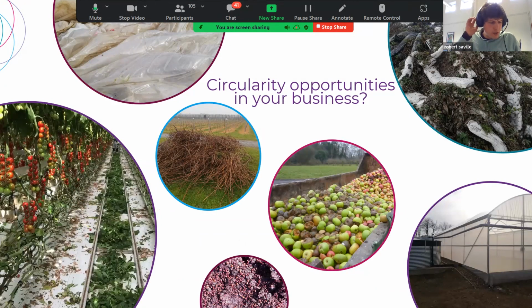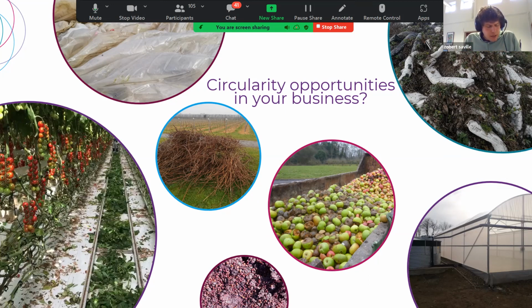I just wanted to finish with, if any of this has whetted your appetite, I'd like to ask you to think about any waste or byproducts or sustainability issues in your business or industry, and equally any inputs which you could potentially source from other industries to replace or substitute less sustainable inputs.